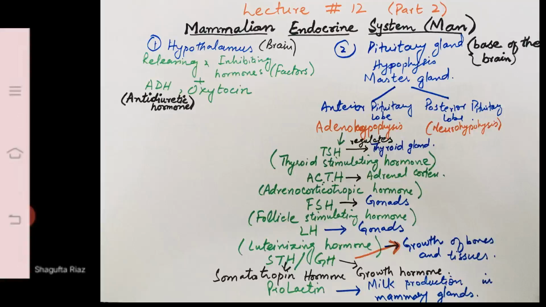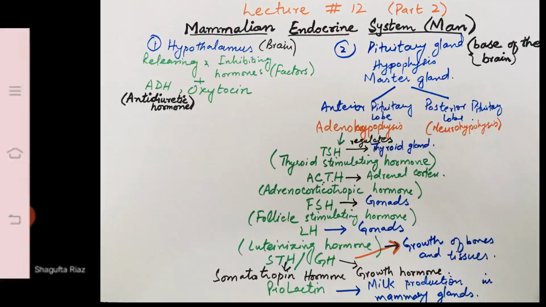Then number 2, which is called the pituitary gland, also called hypophysis, and commonly called the master gland of the body.